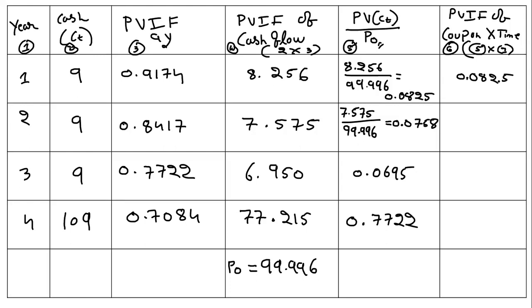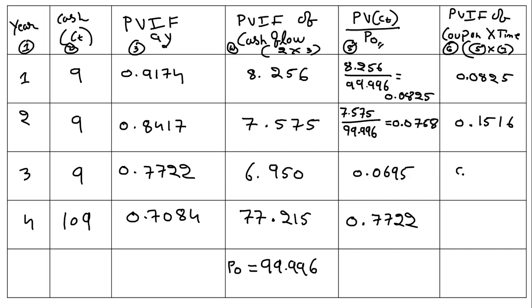0.0825. Okay, and for the next we get 0.0758 into 2. So we get 0.1516. Okay, and the third one, 0.0695 into 3.